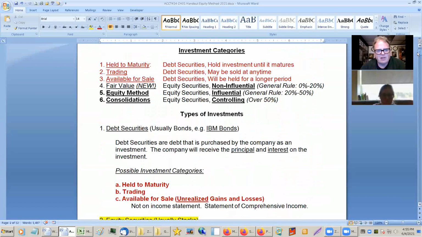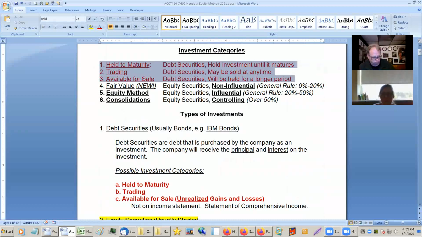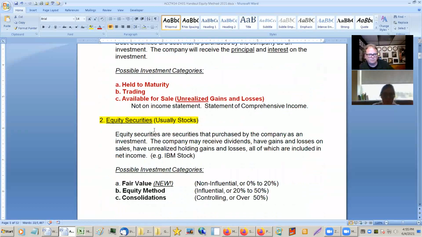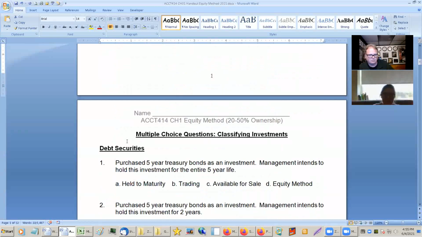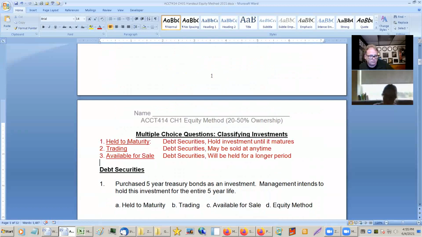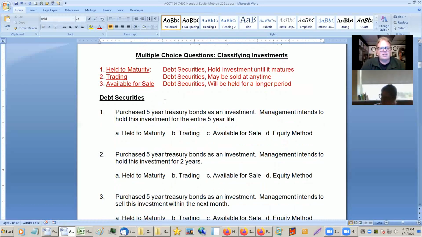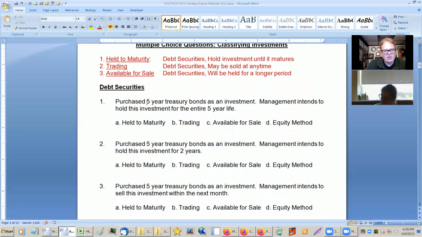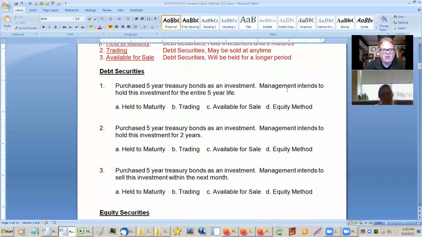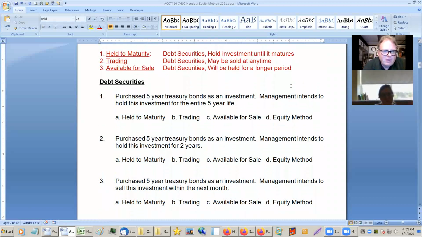Actually, we can copy this stuff. So the question is, these are the choices we have for debt security. Given this information, what kind of accounting method do we use?